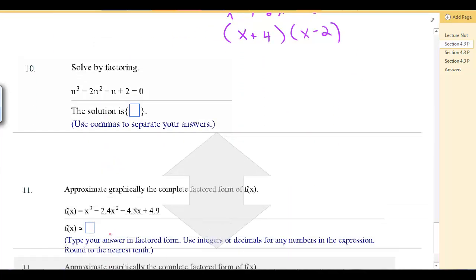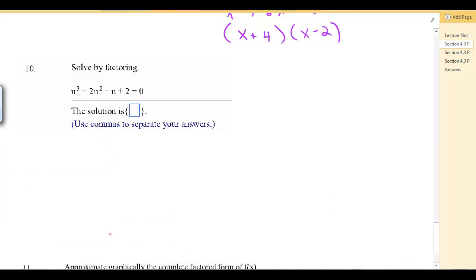Solve by factoring. I wanted to throw this one in to remind us about factoring by grouping. When you have 4 terms, sometimes we can look at these in groups. What could I factor out of these 2 terms?